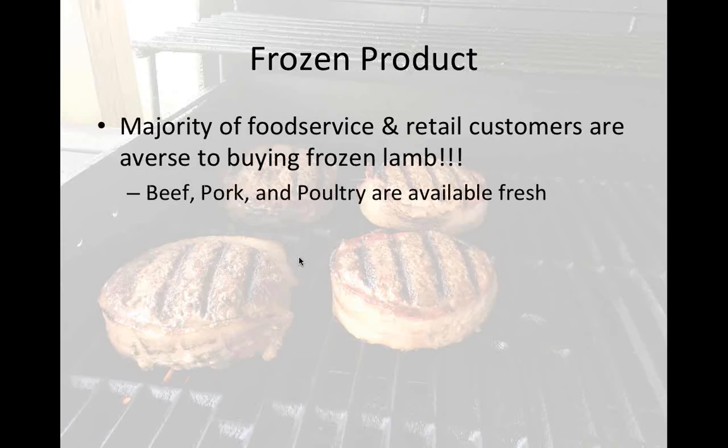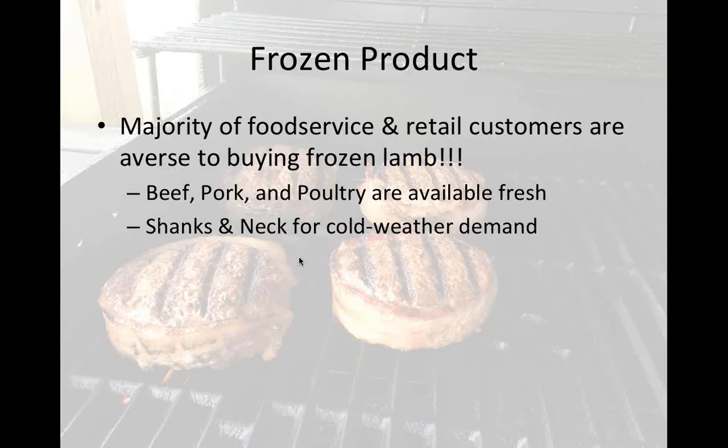They get beef, pork, and poultry available fresh year-round, especially for the meat counters where most lamb sales occur. And even if I think of my own family, we're not going to go to the frozen food section to buy lamb. If you're going to buy a higher end product, or a more expensive product, you're typically going to buy it fresh, or you're going to be looking for it fresh.